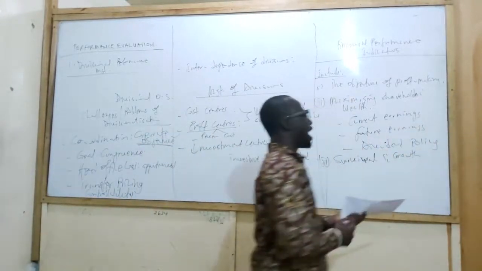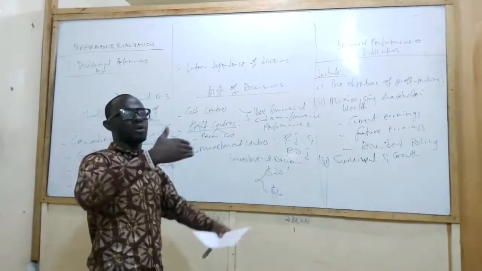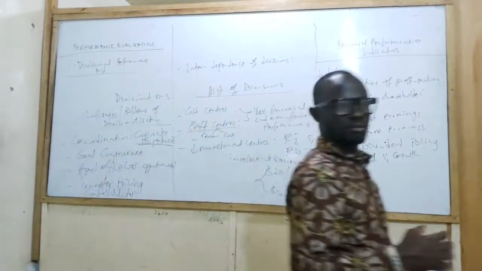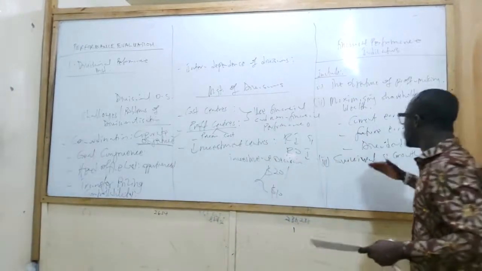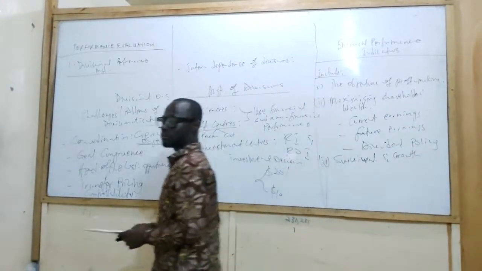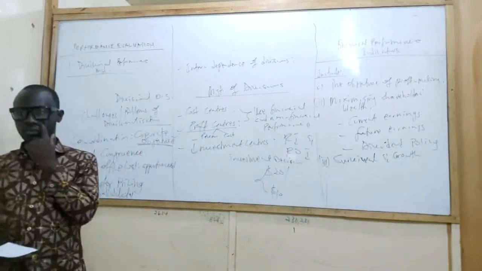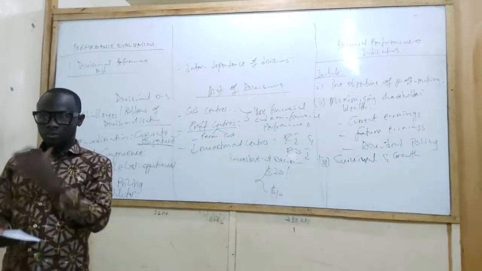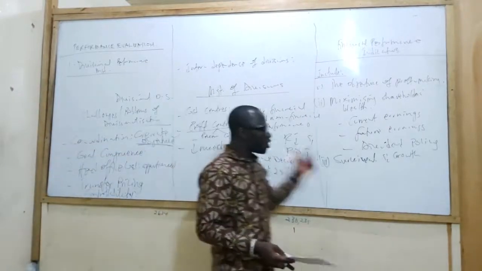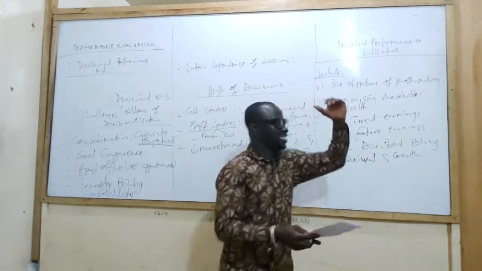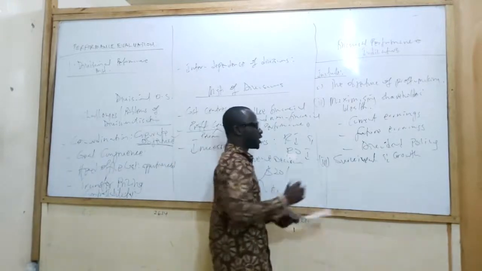When we say a company's survival, what do we mean? Your ability to stay in business. Okay, for a long period of time. So survival and growth is subdivided into three objectives.